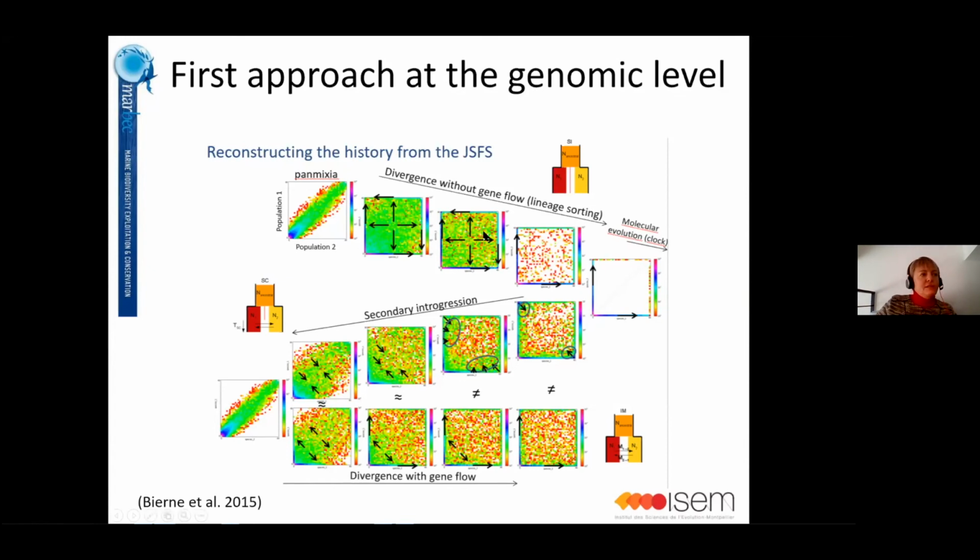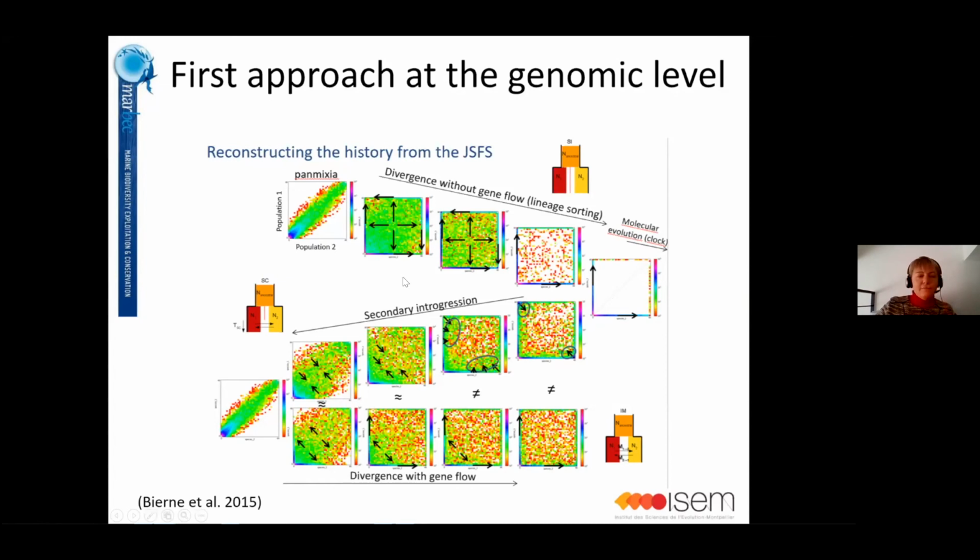This is what you can see here, here, and here. And at the end, you end up with complete lineage sorting. I could also say the same thing here, but I won't detail. But as you can see, when we look at those spectra, we can have different kinds of patterns that we try to understand.